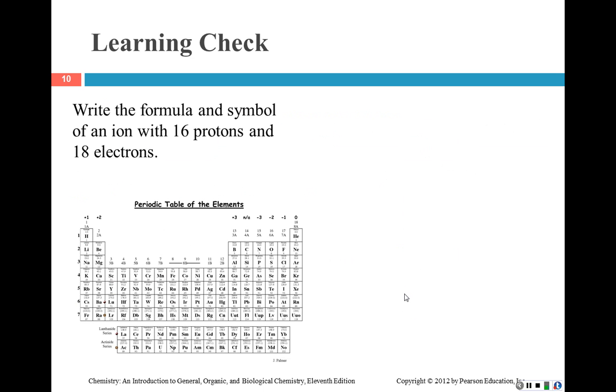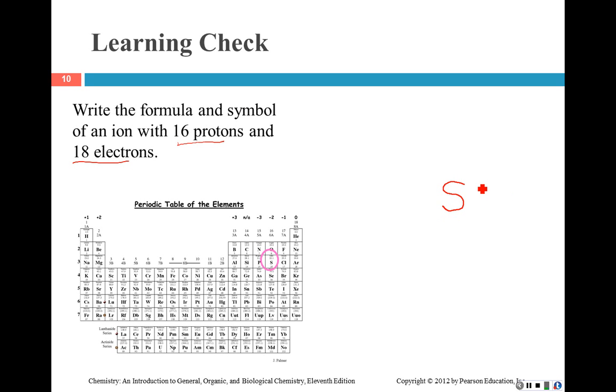So our first learning check here is: write the formula and the symbol of an ion with 16 protons and 18 electrons. And that happens to be element S, okay? And if you recall, I'm going to write S here because that's the symbol, and that's sulfur.